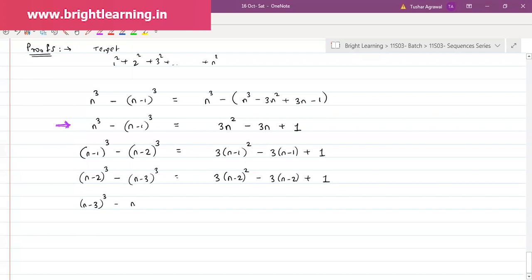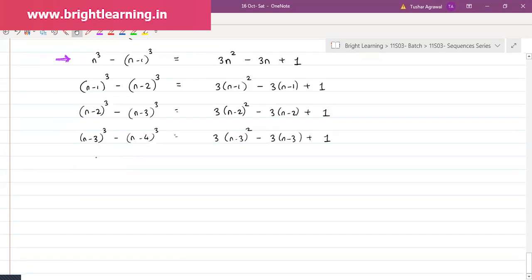This is n minus 3. This is n minus 4 whole cube equal to 3 into n minus 3 complete square subtraction 3 into n minus 3 addition 1. So on and so on, up till which point?